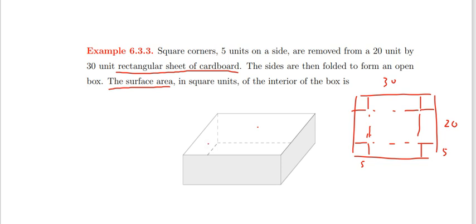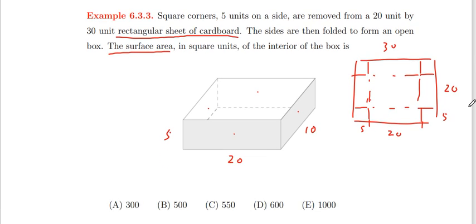If the 30 side loses 5 on each end, it becomes 20. So this is 20. And the 20 side, cutting 5 from each end, becomes 10. So this is 10. Just like that.